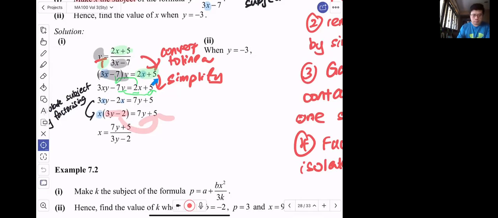Okay, is my screen hang? Oh dear. No, I think my screen hang.